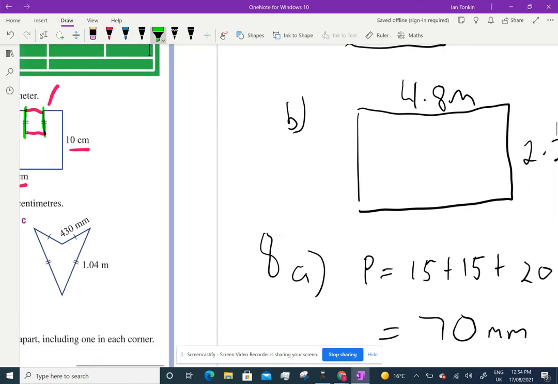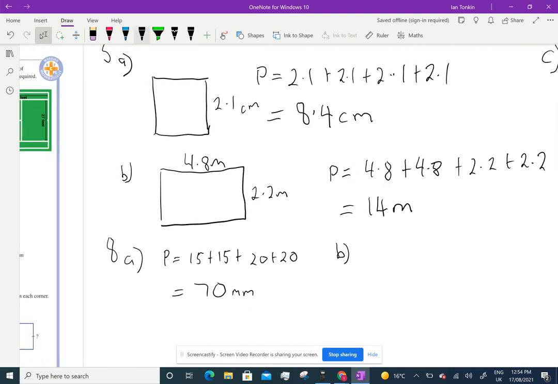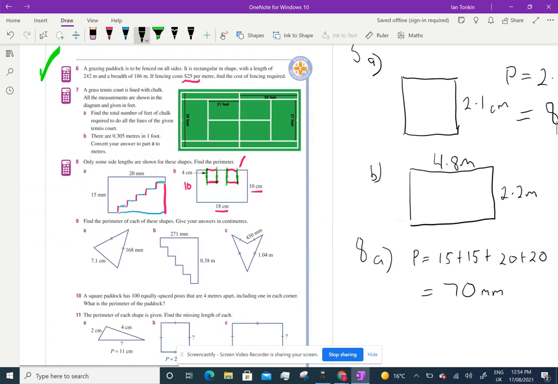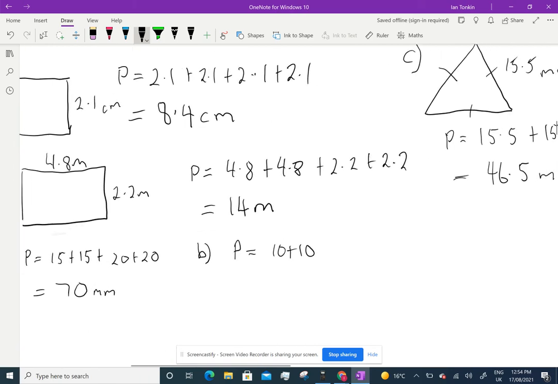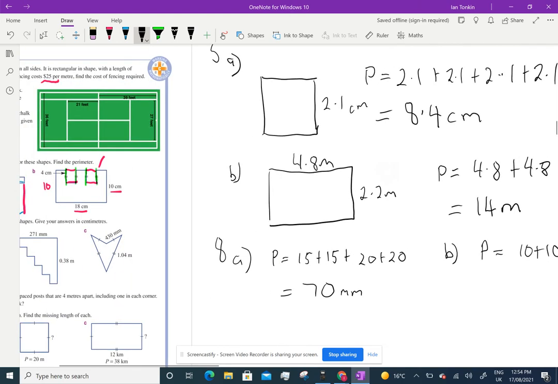So here we go. So what have I got? My perimeter. Well, it's the rectangle, which was 10 plus 10 plus 18 plus 18. Plus I have those 4 vertical bits.